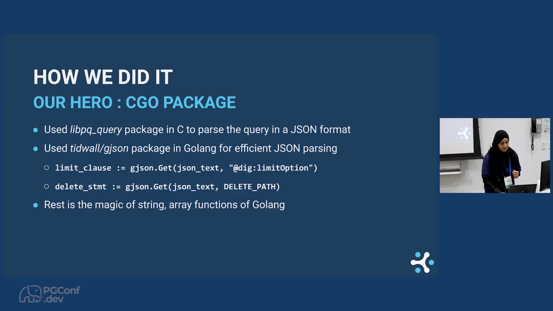For example, all these functions that I explained here, we have this dig. If you pass a JSON text to that and you provide a parameter in this dig function, it will tell you if it is present in that JSON text, like for example here, if limit is present or not, and if it is present, what is the value.